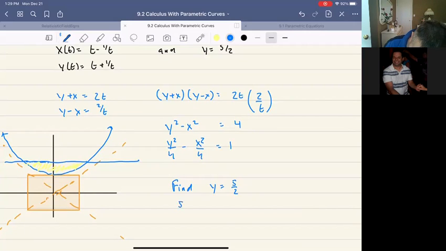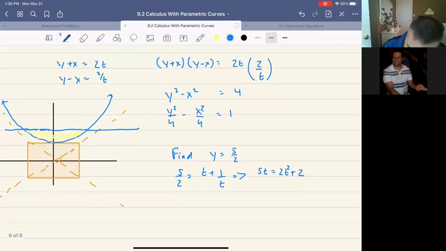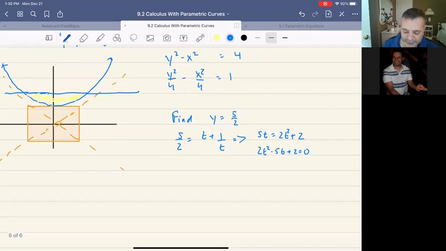So 5 halves equals t plus 1 over t, which implies, multiplying everything through by t and 2, we get 2t squared minus 5t plus 2 equals 0. We need to solve that. That's going to give us our 2 values of t. The way I do these is, if I can factor it, I try to.